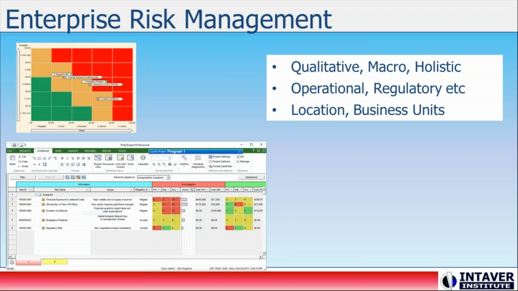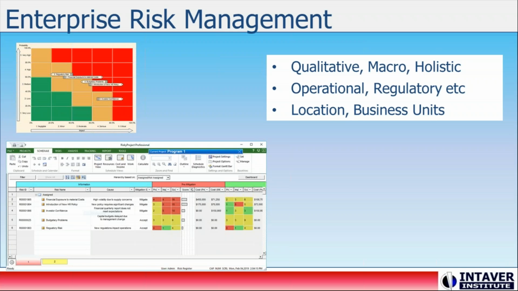So enterprise risk management tends to be more qualitative. It's a high level process. I've heard it described as macro or holistic. It's a high level view of the entire organization.